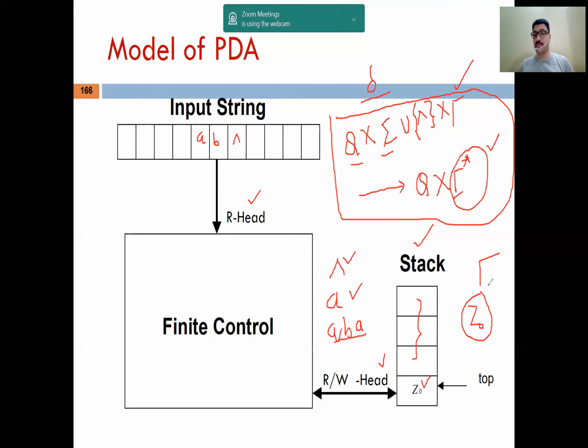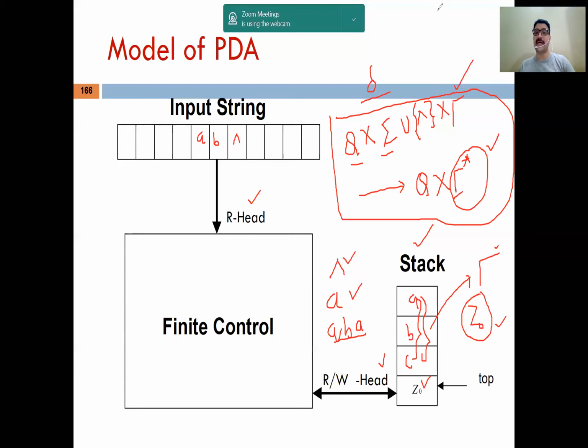Now, Z0 is the initial stack symbol, and tau is just similar to the output alphabet, tau is the stack alphabet. Suppose there are various symbols in the stack, like A, B, C, whatever. So A, B, C belong to tau, because tau is the stack alphabet.